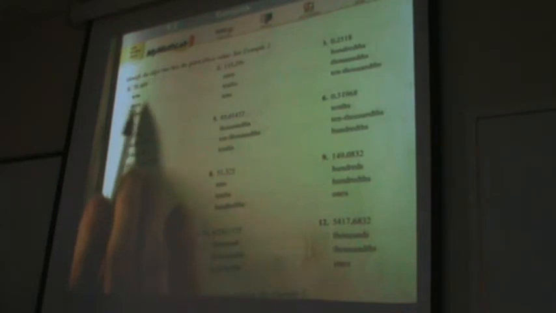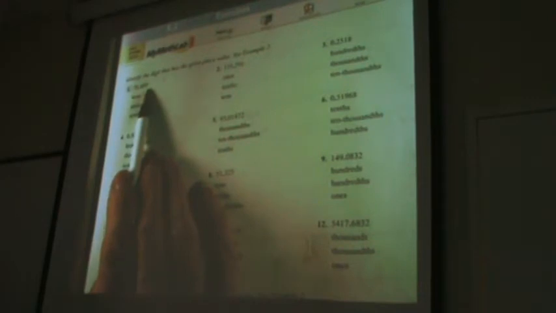Okay, the first part of the chapter wants you to identify the digit that has the given place value. Okay, it says see example 2 that's in the chapter. This is 70 and 489 thousandths.